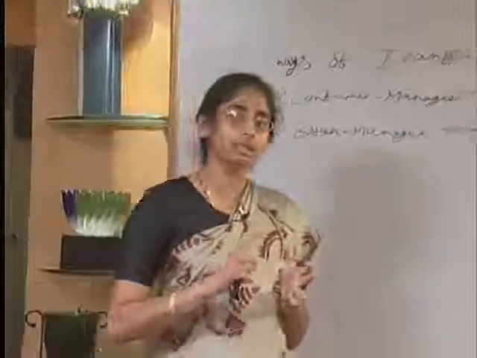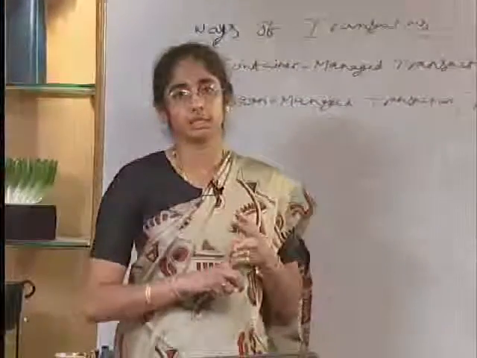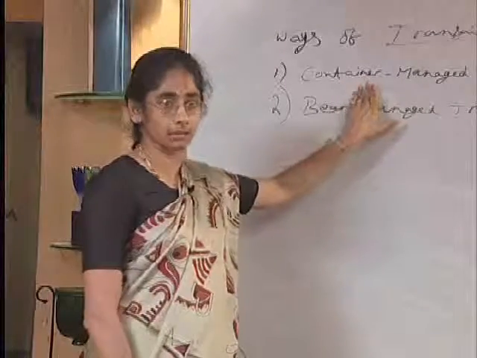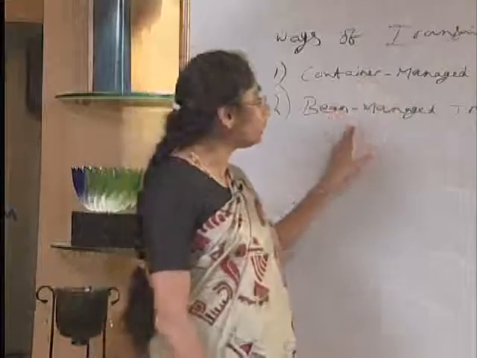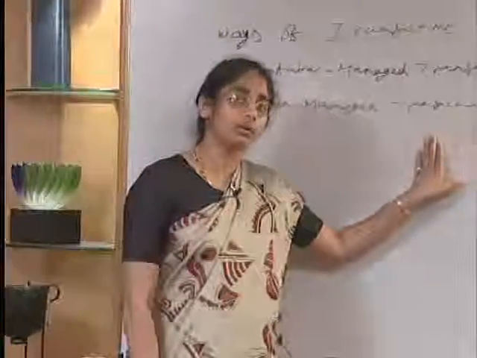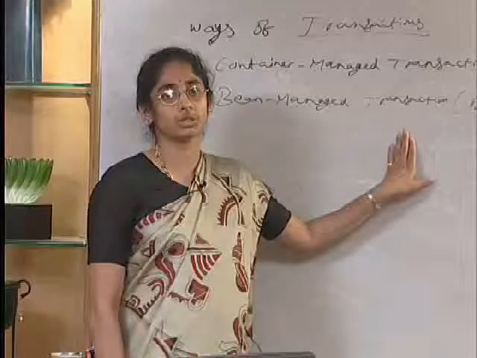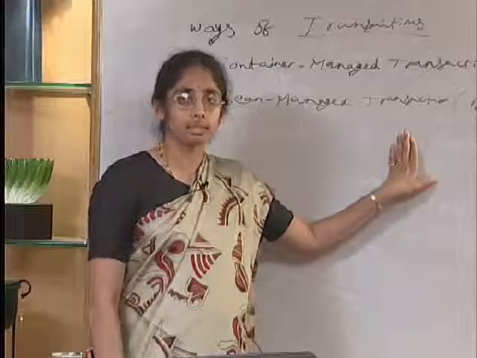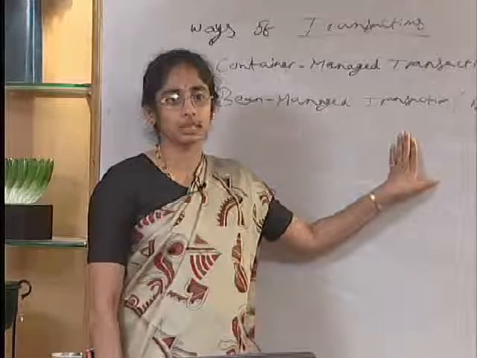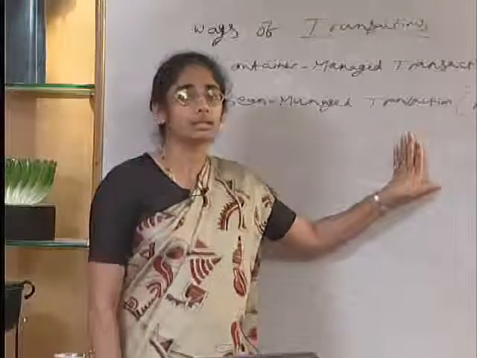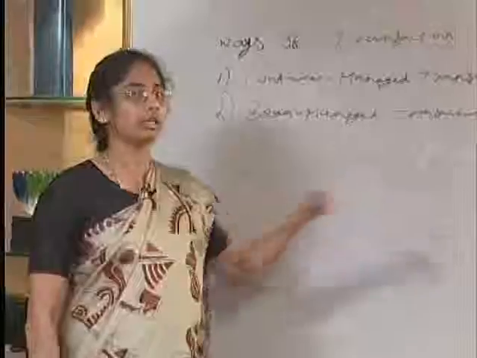Your session beans, entity beans, and message driven beans can make use of a container managed transaction. But the bean managed transaction can only be used by session beans and message driven beans. Entity beans cannot use bean managed transaction. It is the container which has to handle transactions for entity beans, be it CMP or BMP.